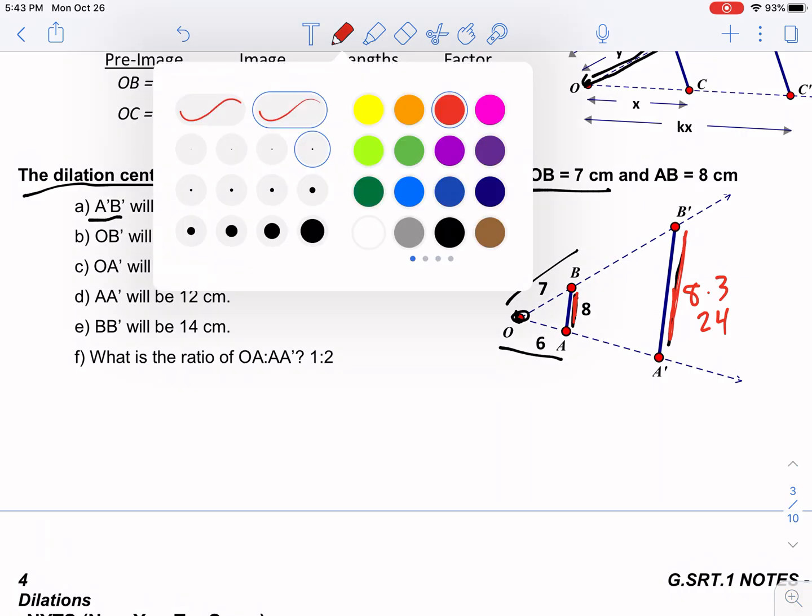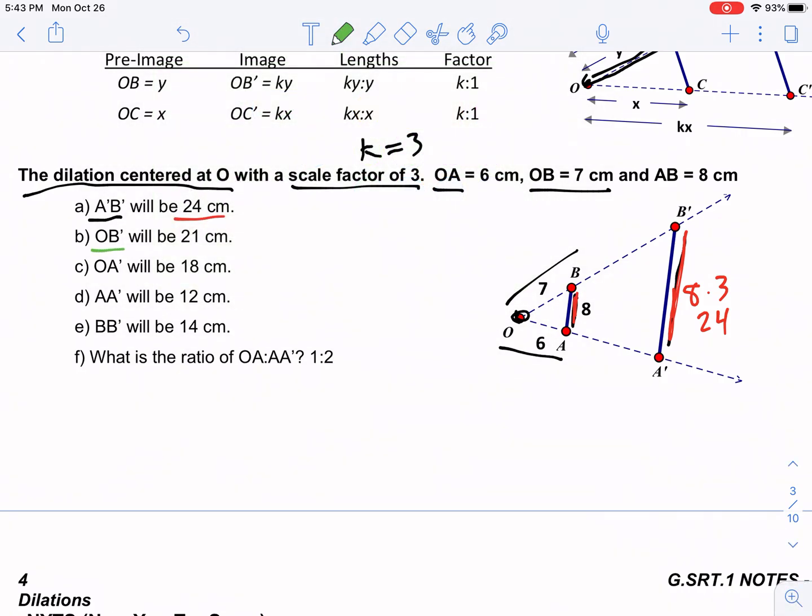Then, if we have OB primed, the distance from O to B primed here, that's also going to be scaled by a factor of 3. So if OB is 7, then O to B prime would be 7 times our scale factor of 3. Well, what's 7 times 3? 21. So the distance of O to B prime would be 21 centimeters.